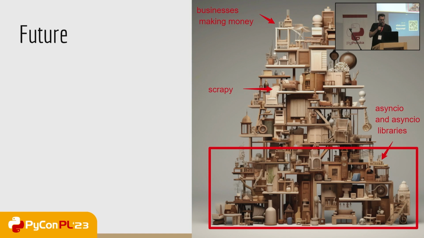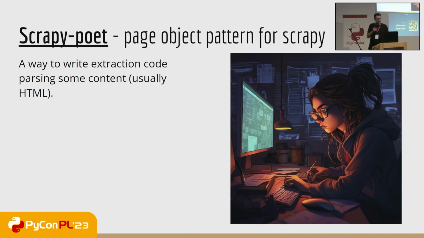And the other thing I wanted to talk about is Scrapy Poet. That's one thing that we're working on at Zyte at the moment. The company basically started around Scrapy. It started around building Scrapy spiders, but also providing infrastructure to run spiders and lots of tools for scraping.